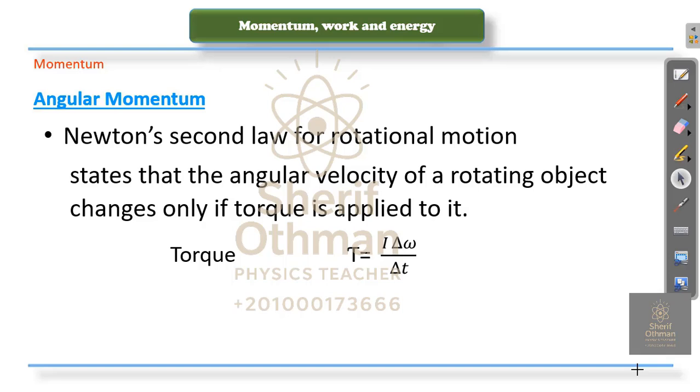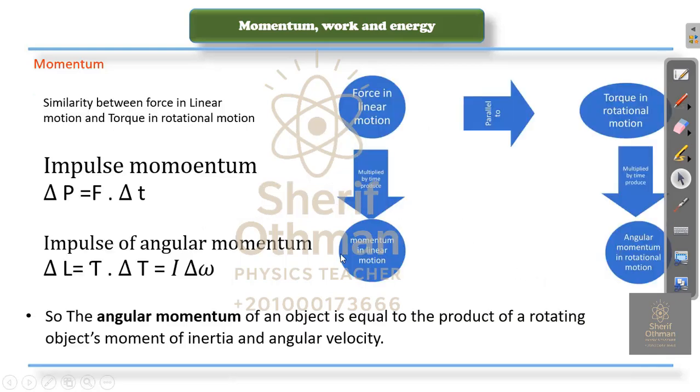So, the torque here is equivalent to the force in linear motion. By similarity, we can say that the impulse momentum is equal to F multiplied by delta t, and also it's M times V final minus V initial, as we said in the previous example.